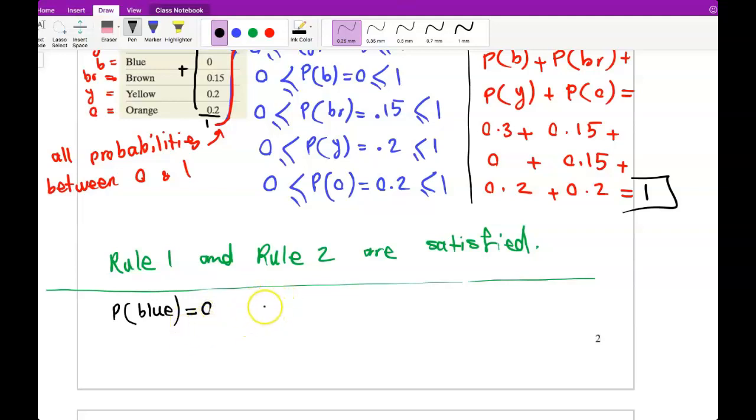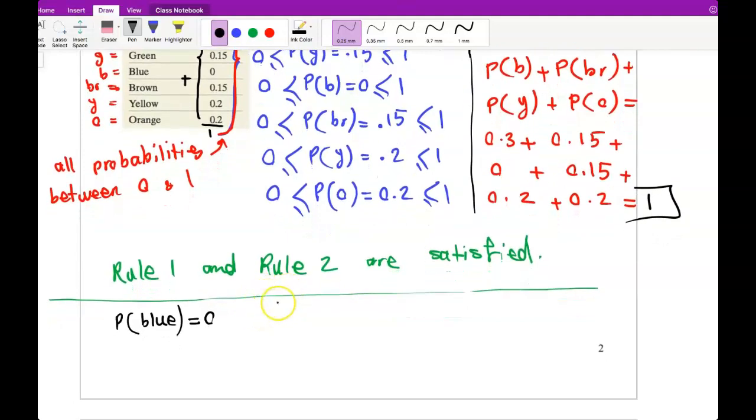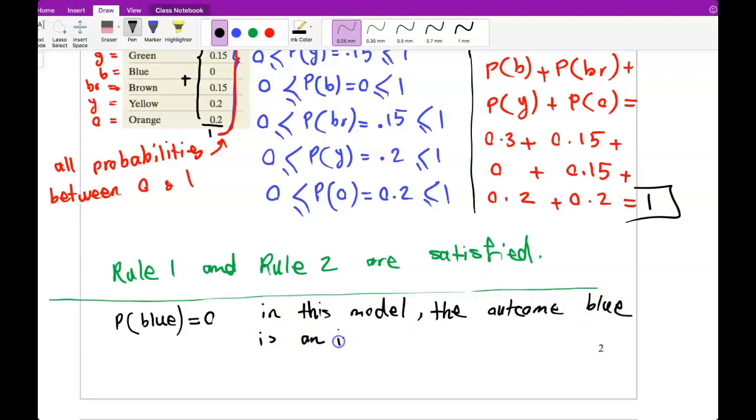So this is impossible, and that is because its probability is 0.